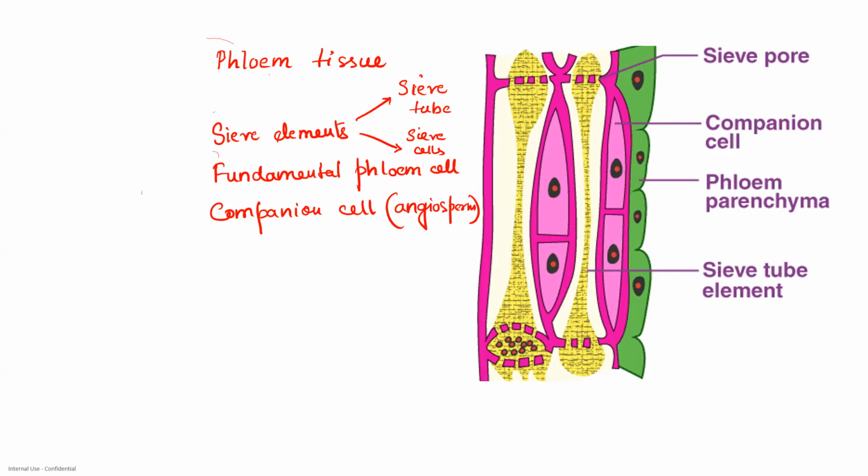Now see, companion cells are of three types again: the ordinary companion cells, the transfer cells, and intermediary cells.